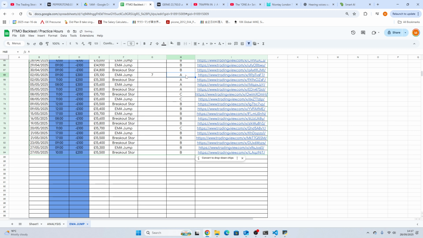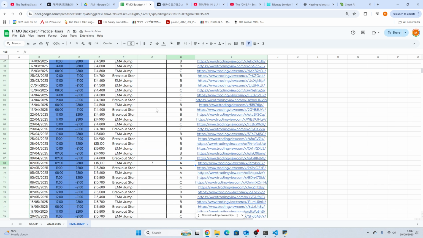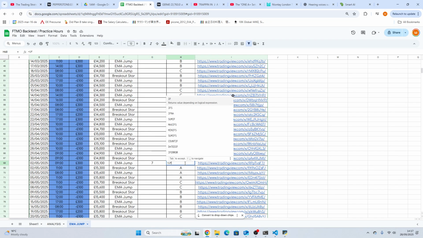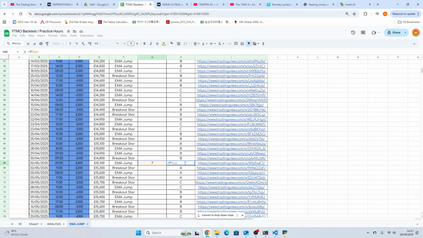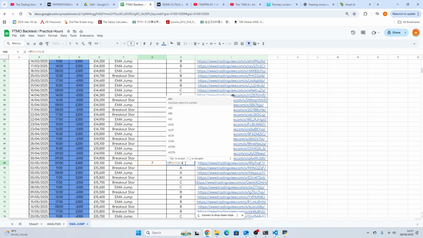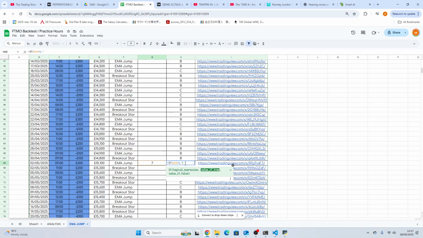If I put 7 here, I can do a little formula, and it will say, alright, if it's above 6, then A, or if it's below, then B. There's an even better way of me doing it. I'm going to do it off camera, but something like that. So I'll just put in a number of confluences and it'll tell me the ranking there.